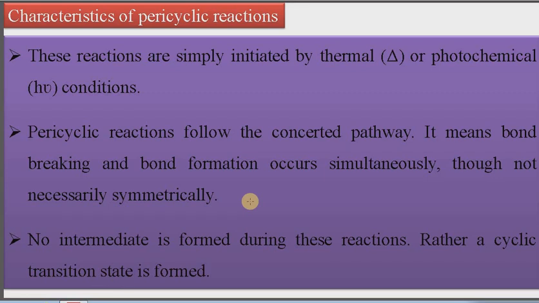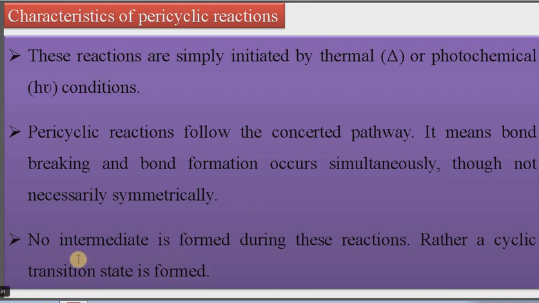These two steps occur at different times in general reactions, but in case of pericyclic reactions, both steps, that is breaking of bonds and formation of bonds, take place at the same time. That means the path, or the process, is concerted.